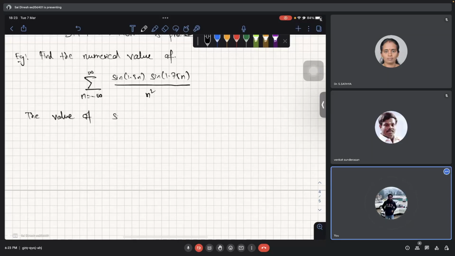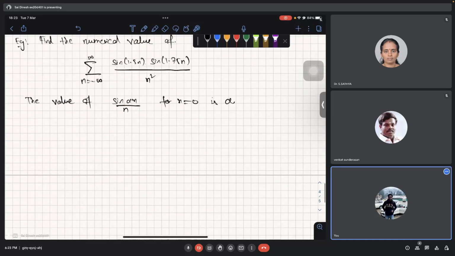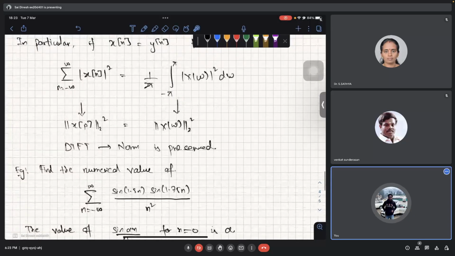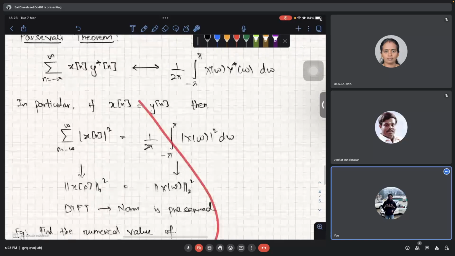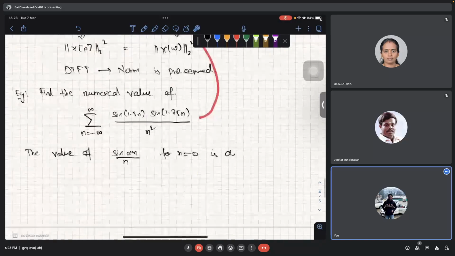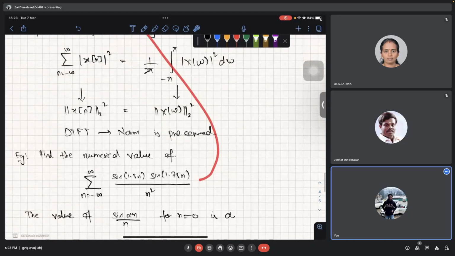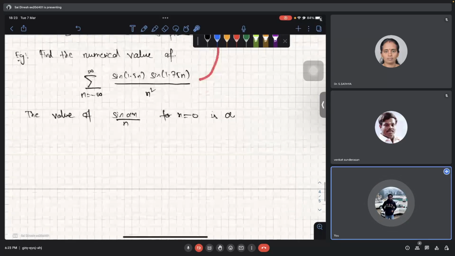The value of sin alpha n by n for n equal to 0 is alpha. So we need to find the numerical value of this. Can anyone give me an idea how to solve this? We can solve this using Parseval's theorem. Can anyone give me an idea how to do this?